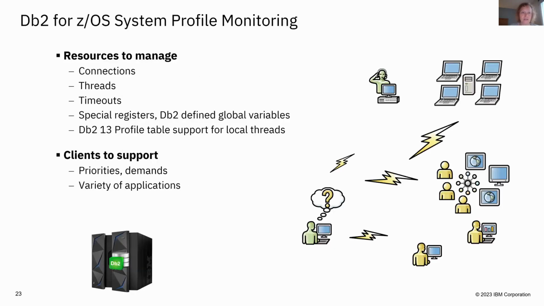Just a short example here: number of connections could be set, number of threads, timeout value. Timeout value is a really important one because we have the timeout setting in ZPARM, which is typically set to 120 seconds, which is already a long period of time in today's workloads.